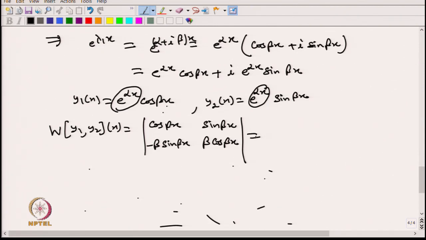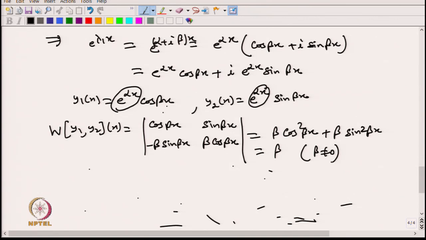If I take the determinant, this will become beta cos square beta x plus beta sin square beta x, which is beta into 1. So, this becomes beta, and beta is not equal to 0, because if beta is 0, then we have real roots.